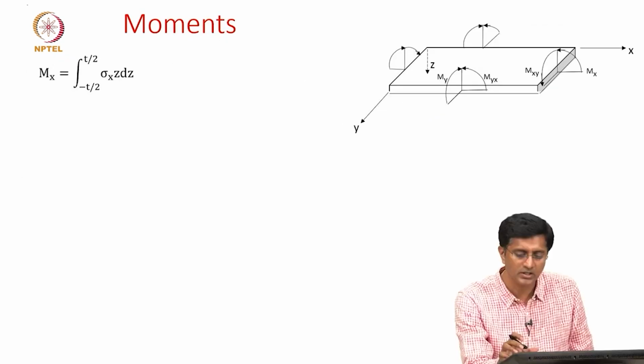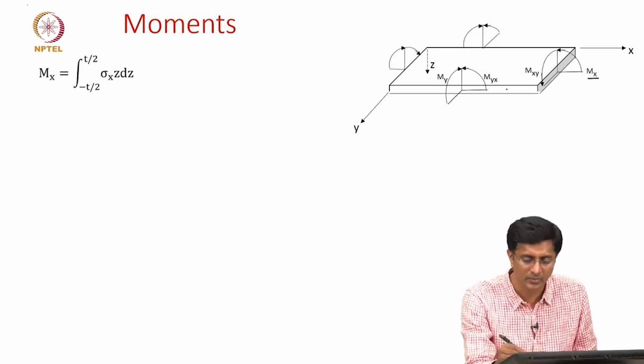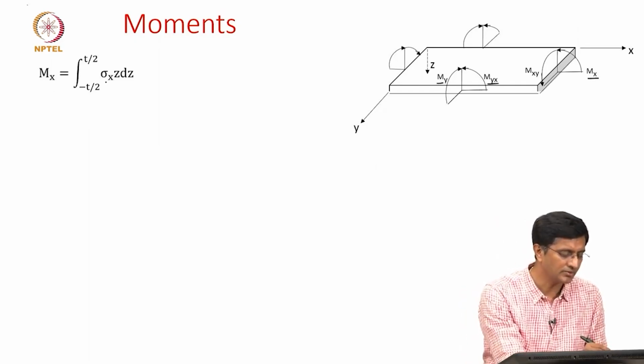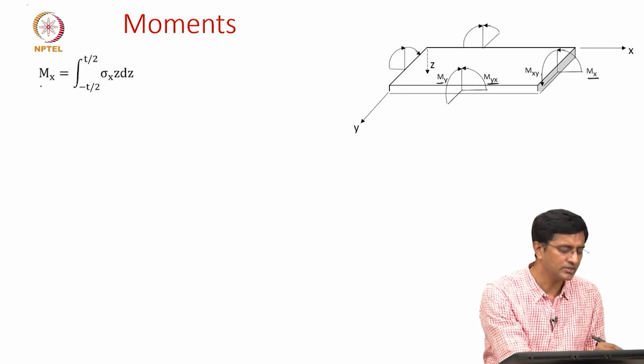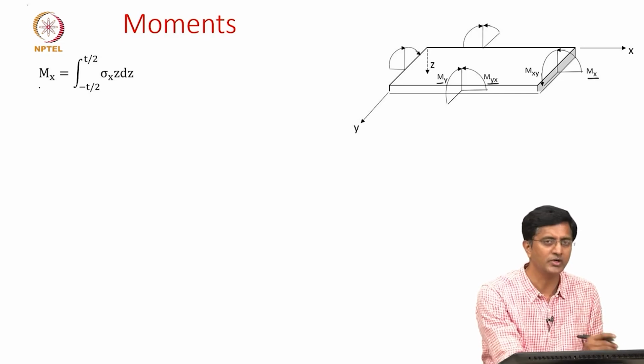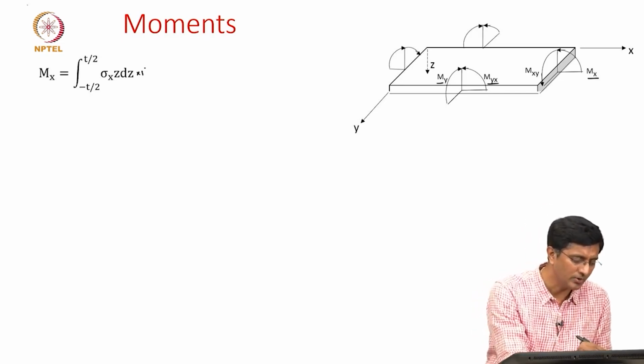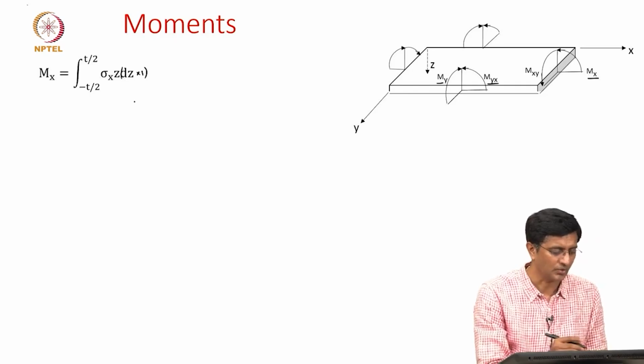So here is the depiction of these moments Mx, My and Mxy. Mx we said is written in terms of the stresses sigma x times z dz. Since this is a moment with respect to width, we are taking that it's a unit width, otherwise it would be times 1. Okay.